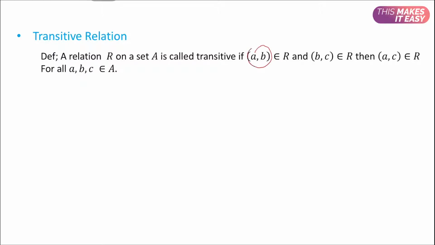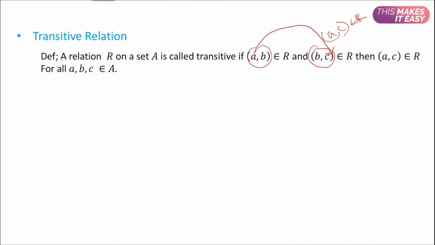If (a, b) is an element of R and (b, c) is an element of R, then the pair (a, c) is an element of R. If the relation satisfies this property, then the relation is called a transitive relation.